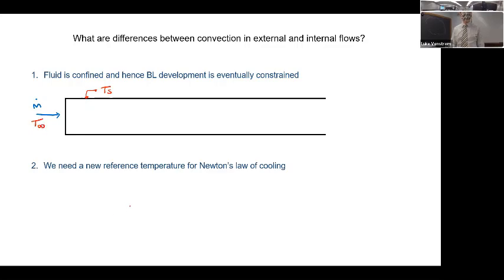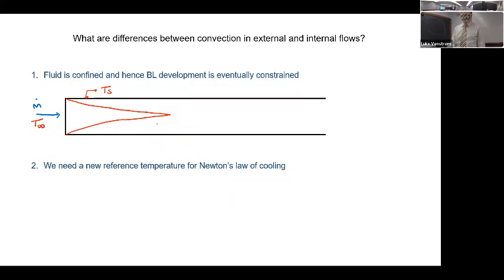So if Ts is not equal to T infinity, we anticipate that the fluid is going to heat up from the walls in. So there's going to be a thermal boundary layer that develops and grows, but eventually the boundary layer is going to meet itself in the center someplace.